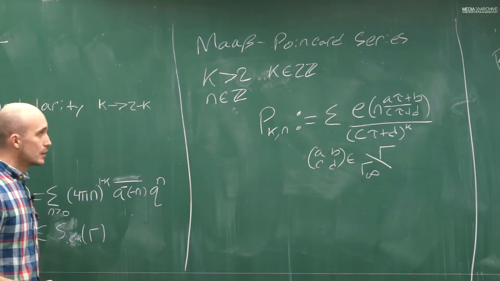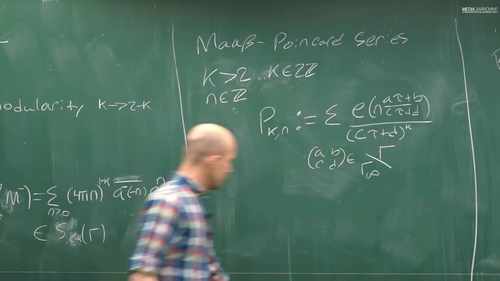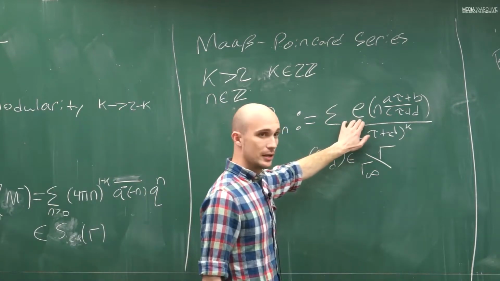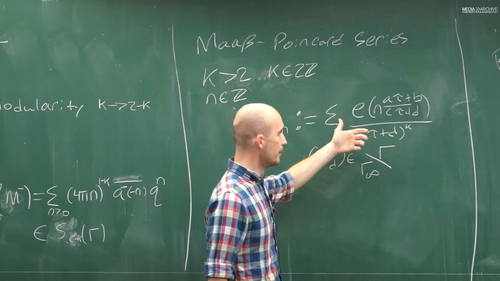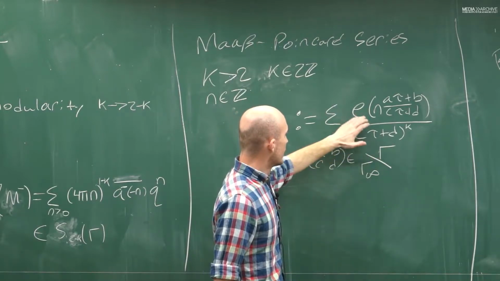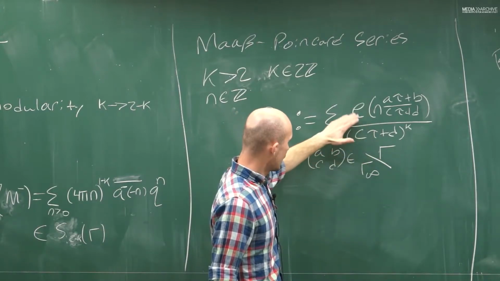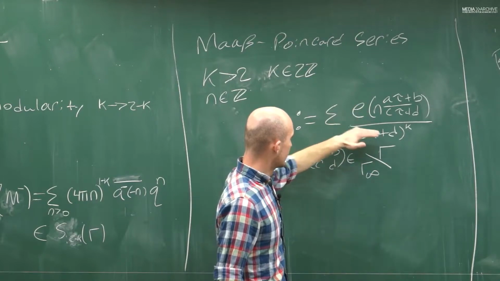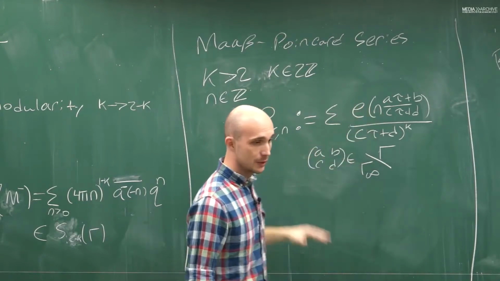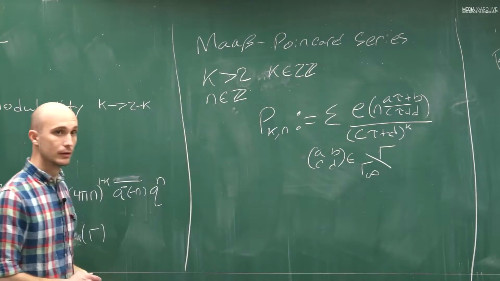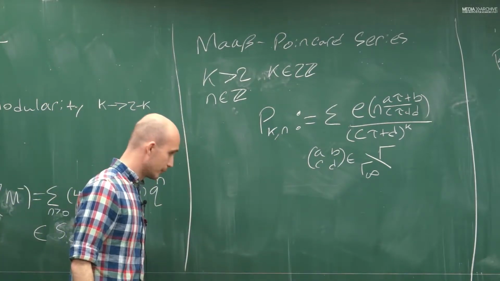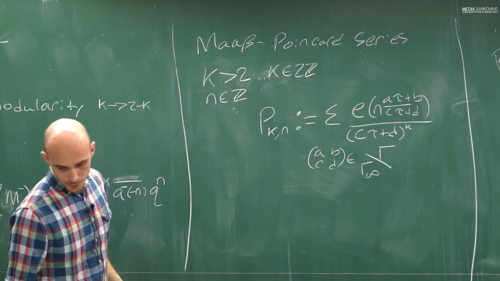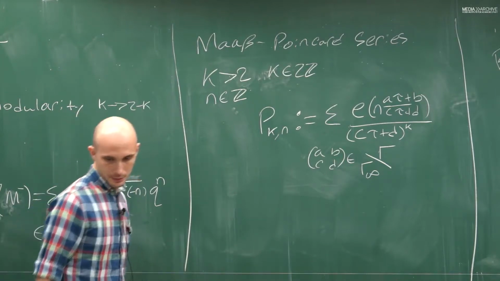Instead of the exponential function here, which is holomorphic, we're going to use a non-holomorphic function, which shrinks fast enough that the averaging will converge absolutely.